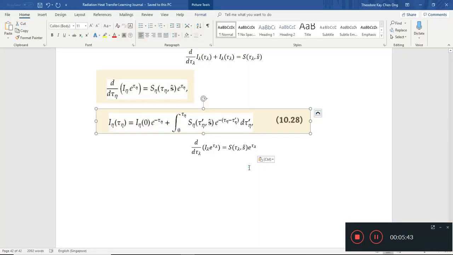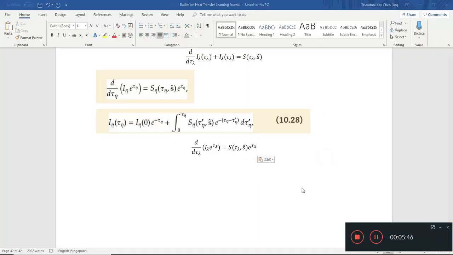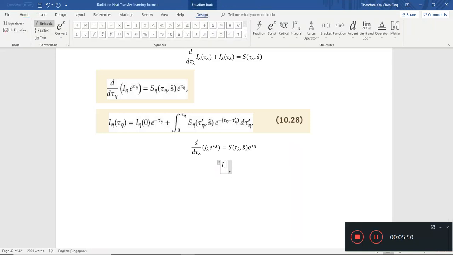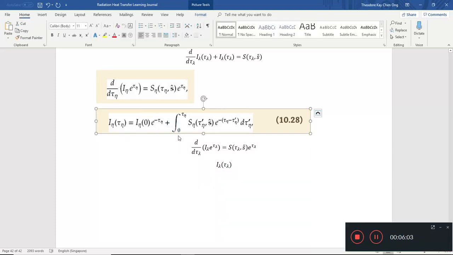So I'm just going to write down 10.28 in the form of using lambda instead of eta. What this basically does is integrate both sides from 0 to tau lambda.